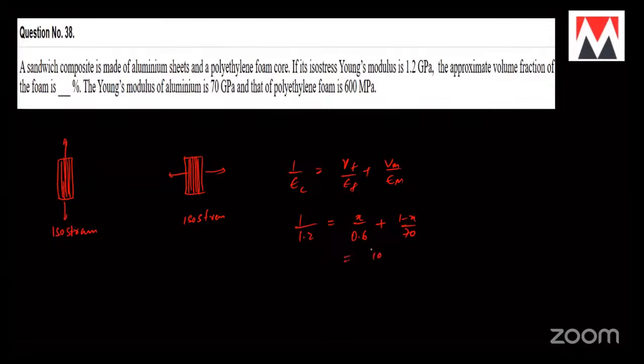You can take this as 10x by 6 is 5 by 3x minus x by 70. 1 by 70, if you send this side, you'll get 5 by 6 minus 1 by 70.